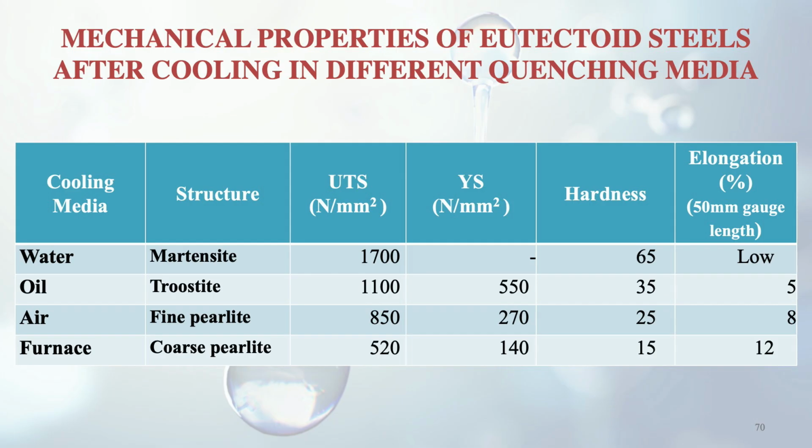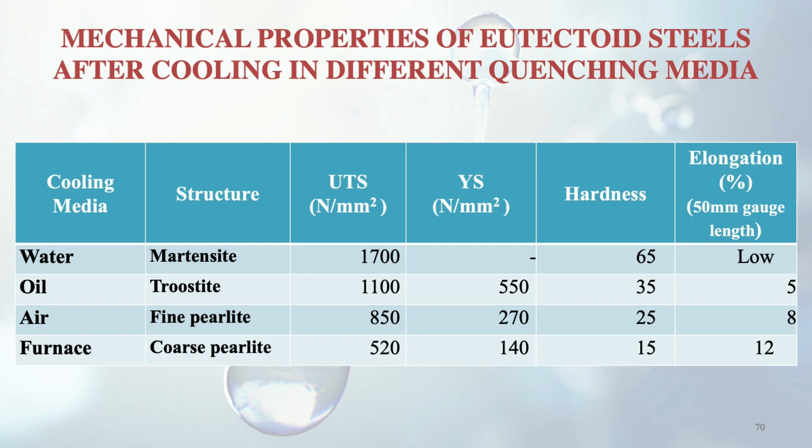Here we can see one more thing, the ultimate tensile strength and the yield strength as well as hardness and elongation. In the case of water quenching, the ultimate tensile strength is 1700, the yield strength is not there, the hardness is 65 and the elongation is very low. Now you can understand by yourself why YS is not there, because I have told you earlier also.